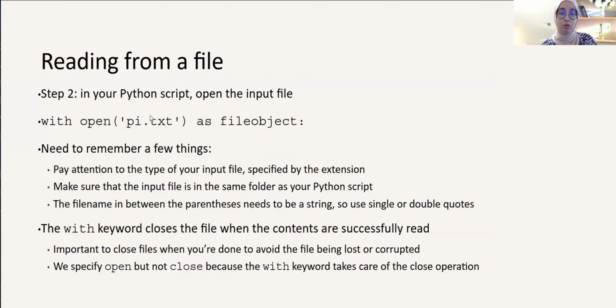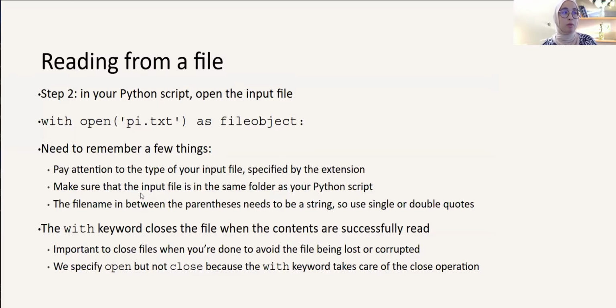In this case, it's going to work with just the file name because my text file is placed in the same place as my Python script. Now this is mainly how it works. We need to remember a few things and pay attention to the type of the input.